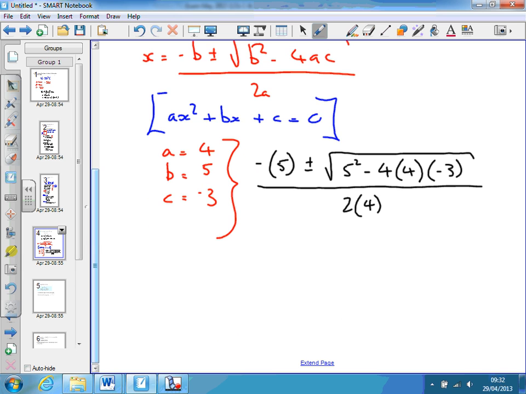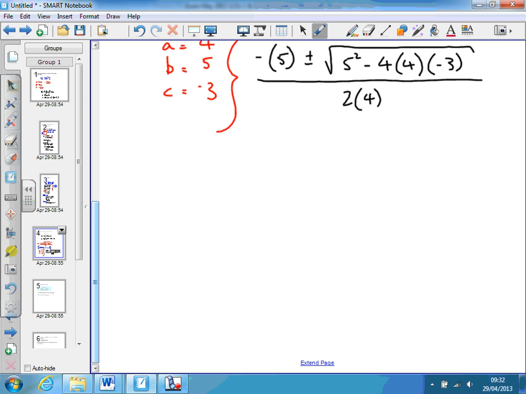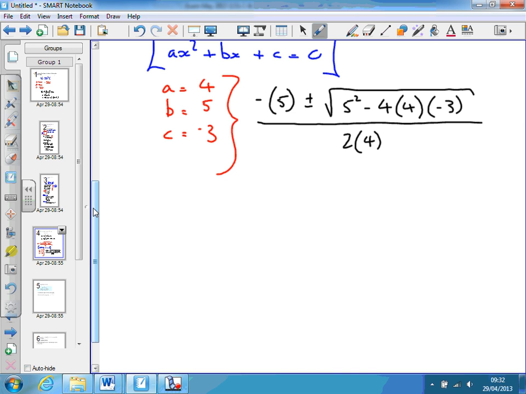So that's what I would write on the paper if I was doing this. And then I'd sort out the signs and tidy it up as much as I could before I use the calculator. So this would become minus 5, plus or minus. Incidentally, if b was negative 5, then minus minus would have given me a plus here. So we have to worry about signs.